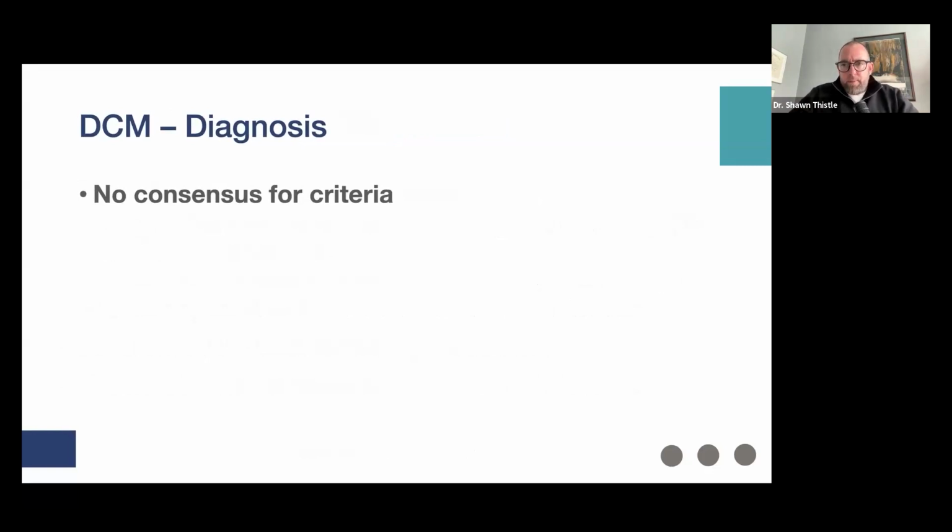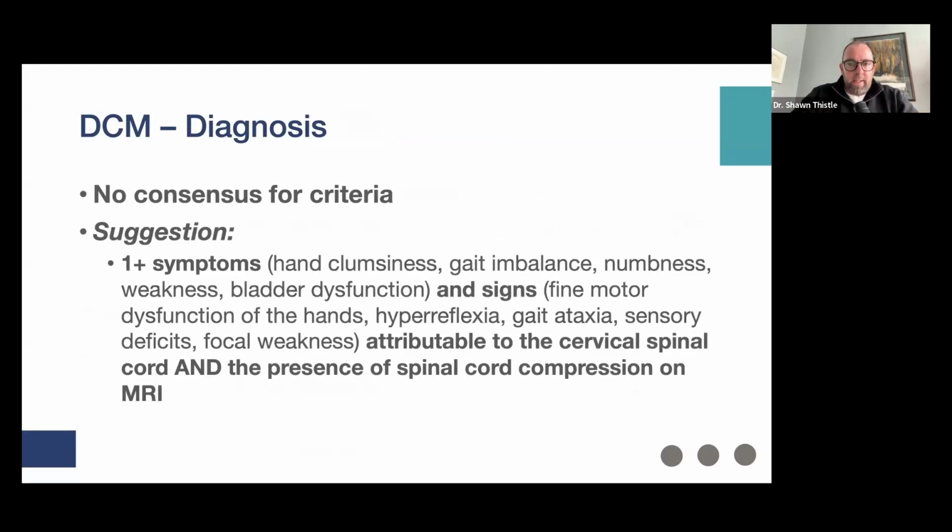From a diagnostic perspective, unfortunately, I don't have a perfect algorithm for you. There's no consensus criteria for this that I could find anyway. But one of the things I think we can keep in mind, and I put this together from an amalgamation of recommendations from some of the authors that publish about this, is that a diagnosis of DCM can be made if you have one or more symptoms and signs.